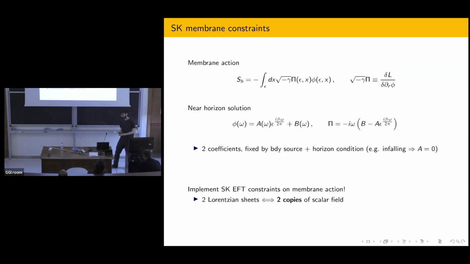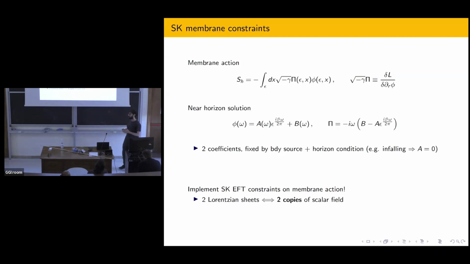So this is how Son and Starinets imposed the infalling boundary condition at the horizon, which means that A is 0 in this expansion. You only keep the regular piece on the future horizon. This is what they did, and this is how you can derive the retarded Green's function. But here, I want to go further than that.